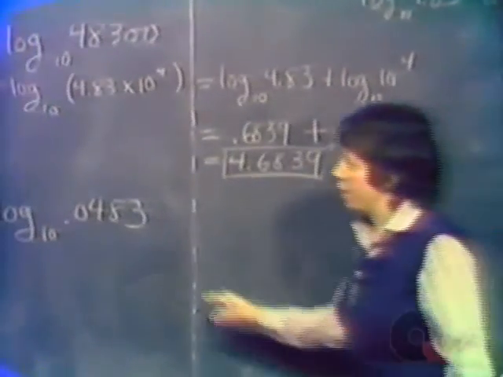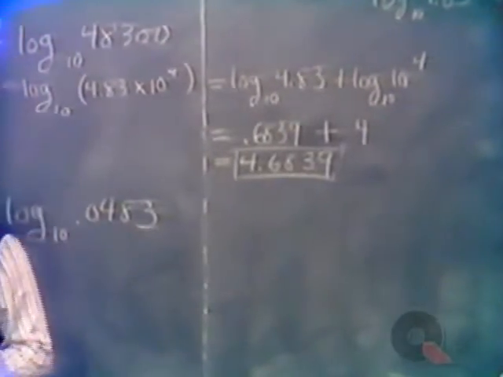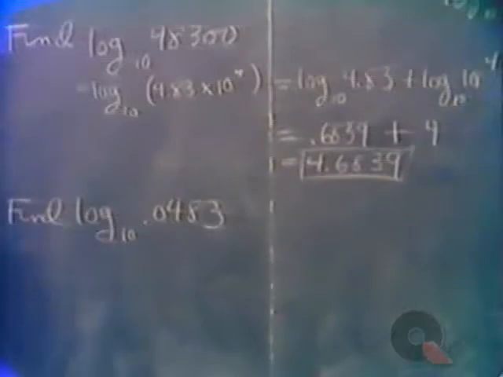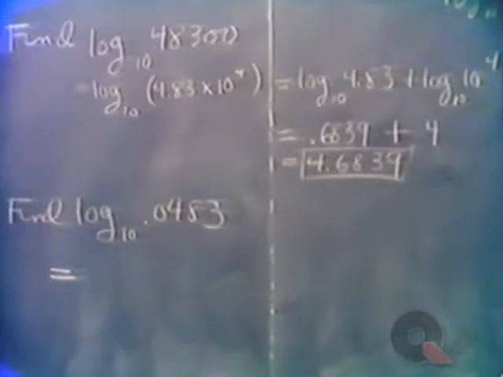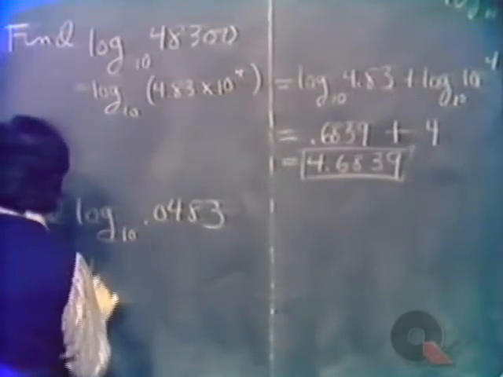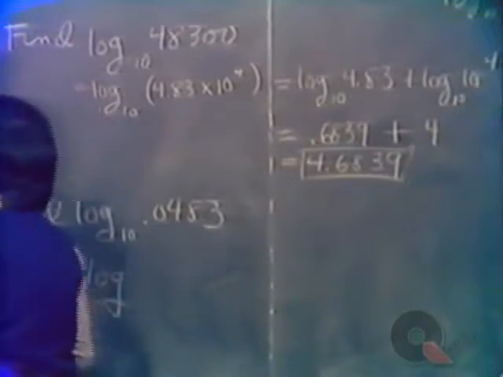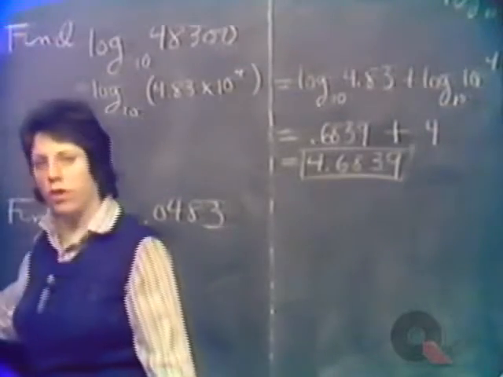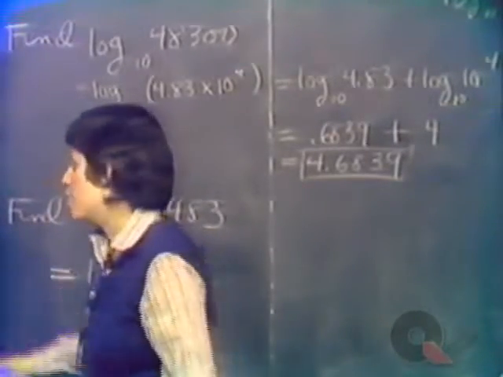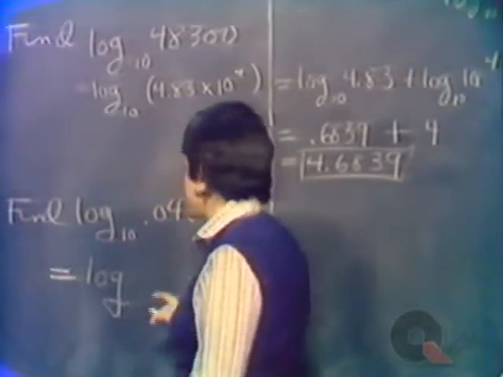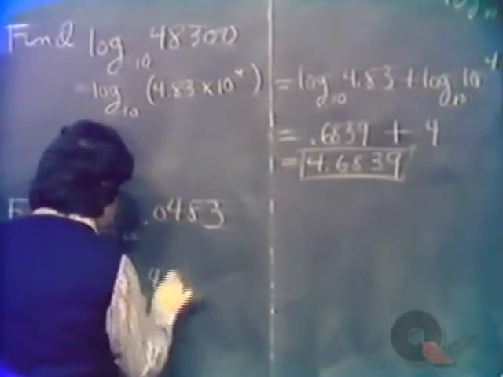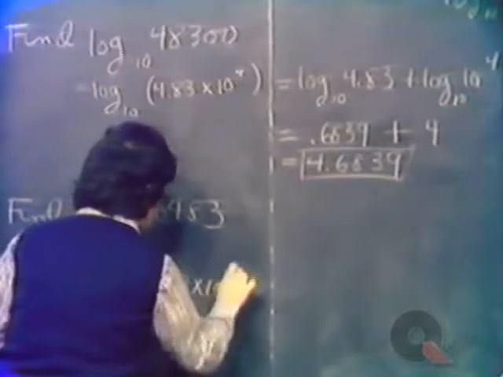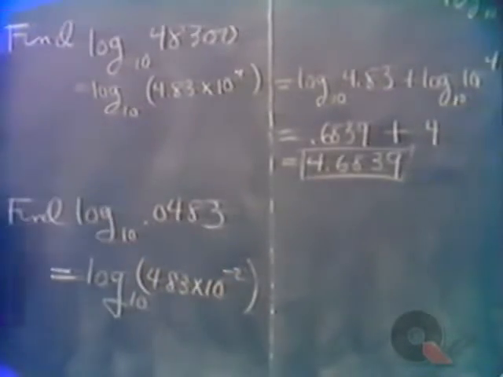Now let's go back over here and look in part B, the log of 0.0483. First step, of course, is to write this in scientific notation so that we can use our log tables. Well, in the preceding example, in 5b, we saw that 0.0483 could be written as 4.83 times 10 to the minus 2. So let's write it as 4.83 times 10 to the minus 2.